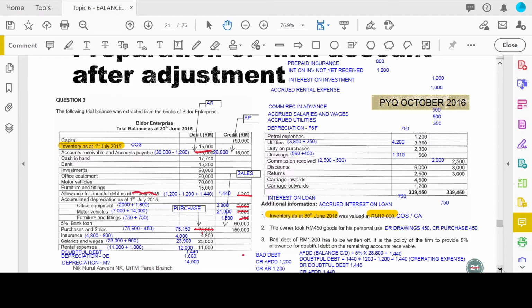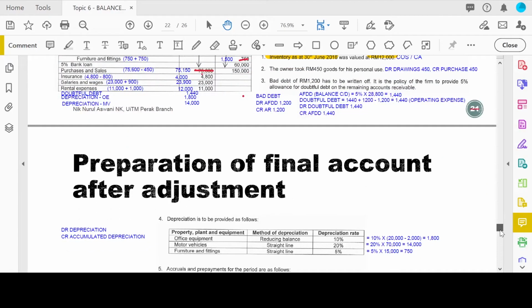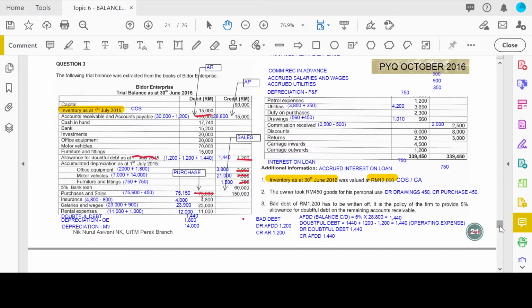Then you have taken into consideration number 4, the depreciation. You have calculated the depreciation, updated the depreciation account and the accumulated depreciation account.